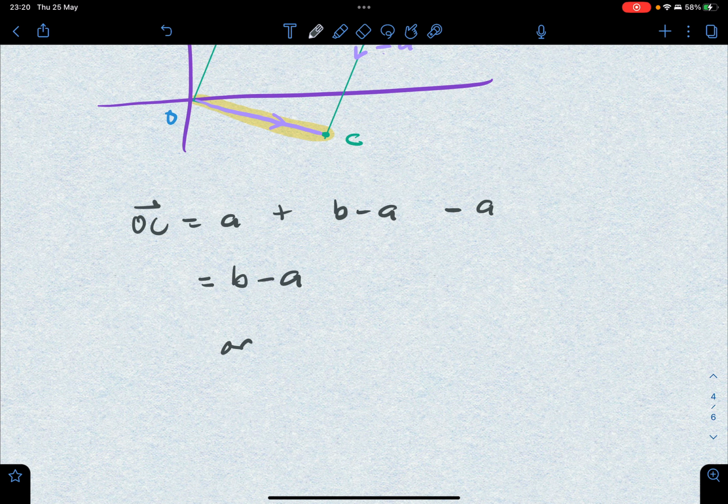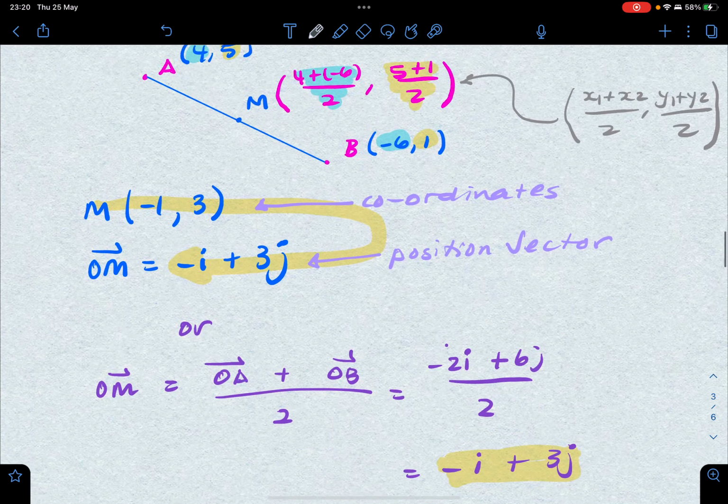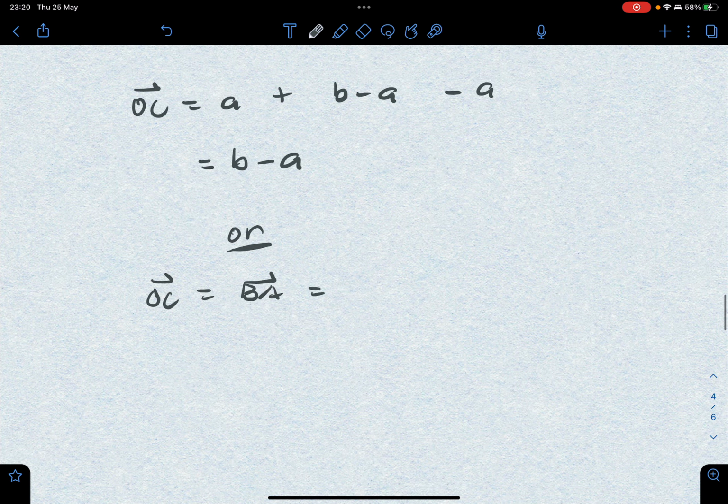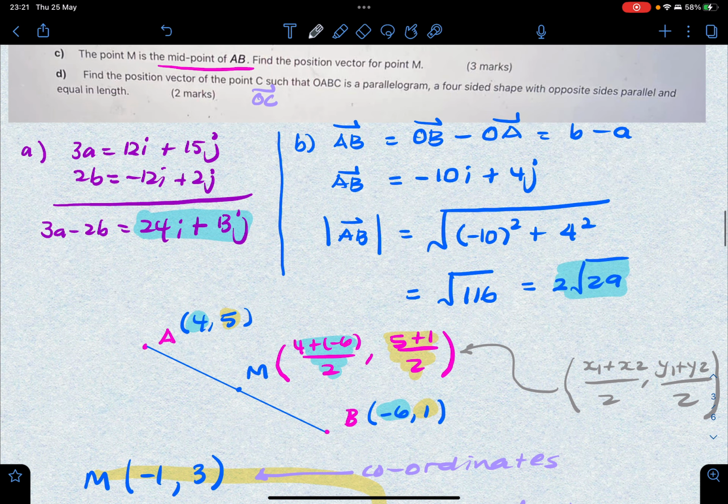So a smarter way would have been to say OC equals AB, and we've already found AB. Is it BA? Sorry, AB. I think we already found AB up there somewhere.